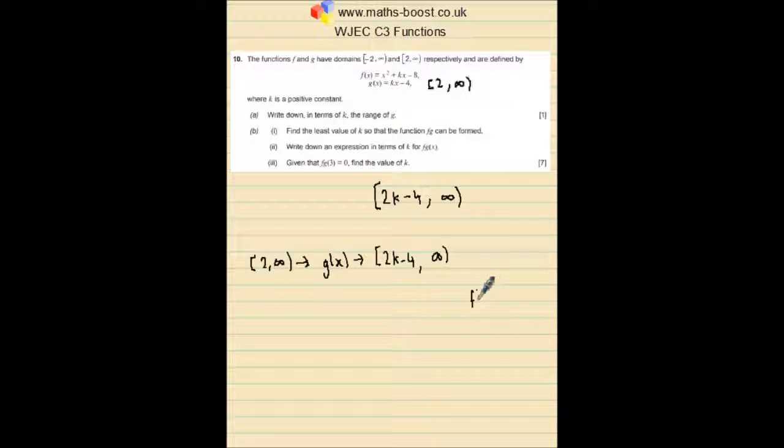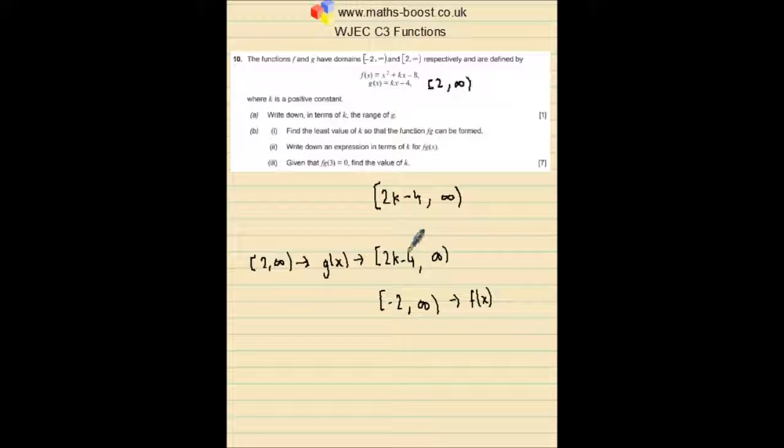I'll write down my f of x here, and what the domain of f of x is. And again, here we have an apparent mismatch. The high end of the interval's fine, but here the smallest value that this can take is minus 2.